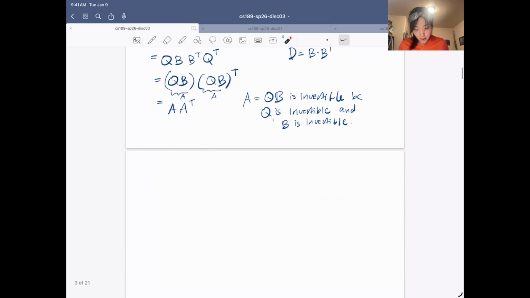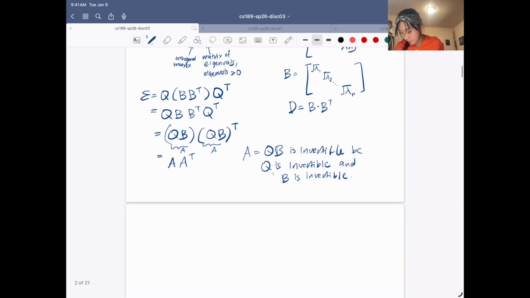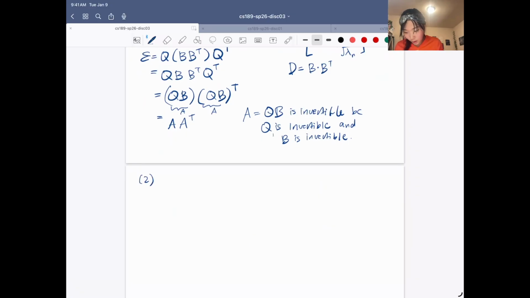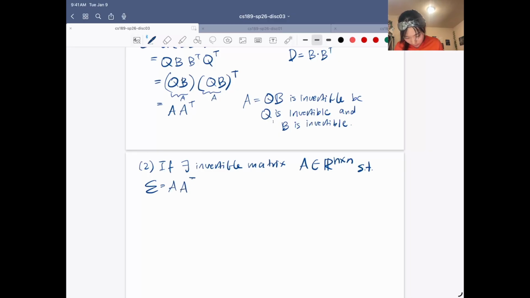Okay. And secondly, we need to prove the opposite, the converse. That if there exists an invertible matrix A of this dimension n times n, such that we have this to be true, then we can show that this matrix is positive definite.